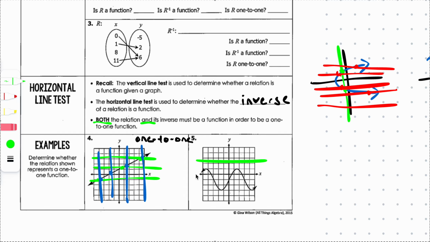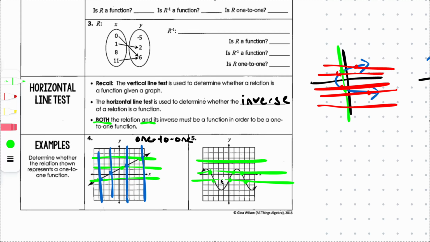But as we go here, we intersect multiple times. We intersect here, here, and here. And we'd actually intersect infinitely many times because this would keep on going like this. Here, we intersect 3 times that we can see on this graph too.